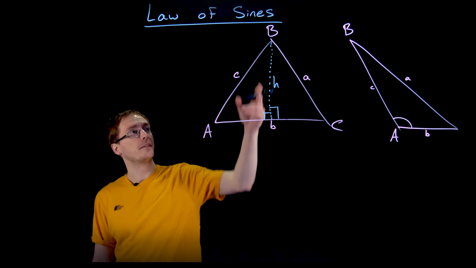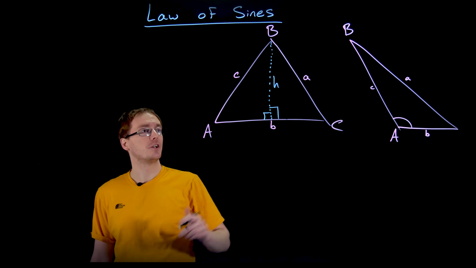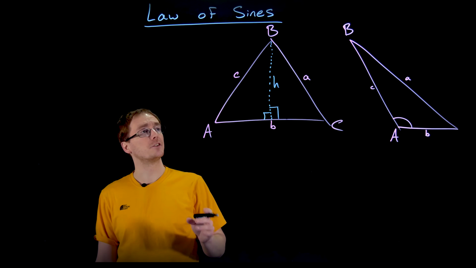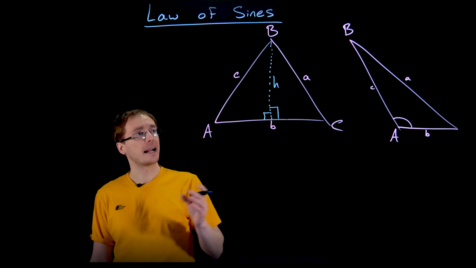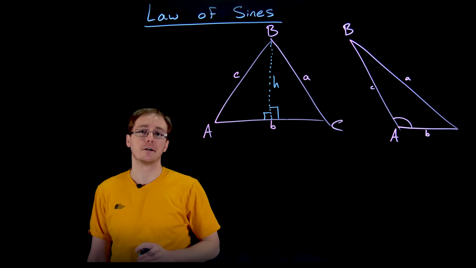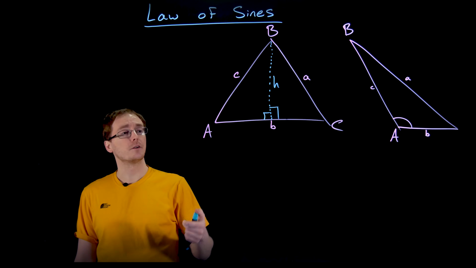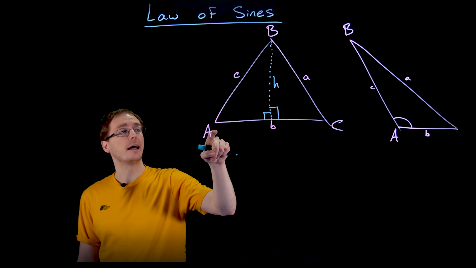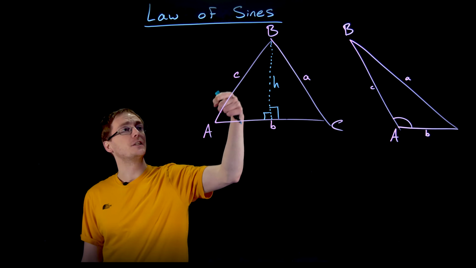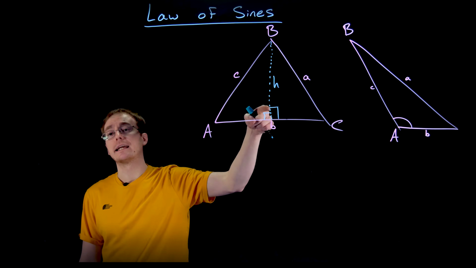I've gone ahead and labeled this height value h for our two small interior right triangles. Now our goal is to express the height h in terms of these other known angles and quantities. One thing we can notice is that with respect to angle A, h is the side length opposite our angle, and c would be the hypotenuse of this right triangle.